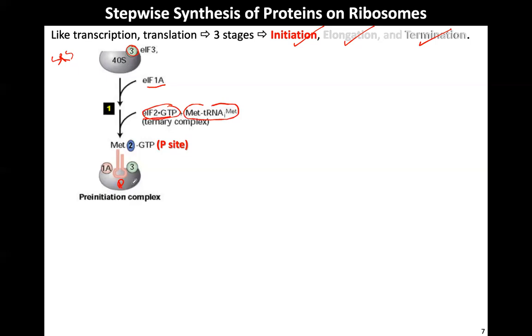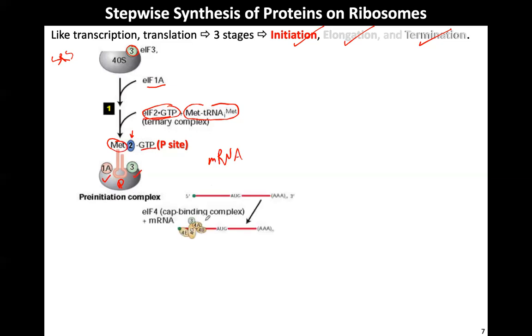It is composed of the transfer RNA bound to initiation factor 2, which has GTP, at the P site and carrying methionine, and it has two other initiation factors, initiation factor 1A and initiation factor 3. Soon after that, the pre-initiation complex is waiting for the messenger RNA.